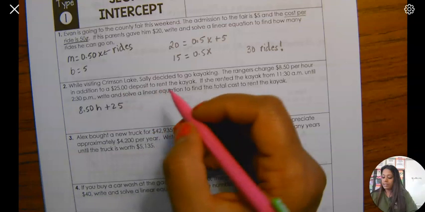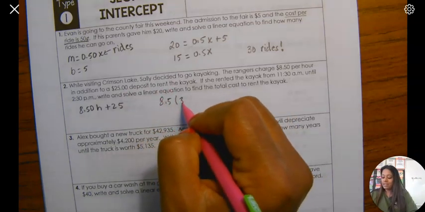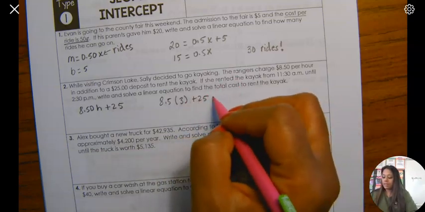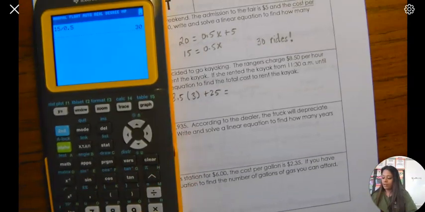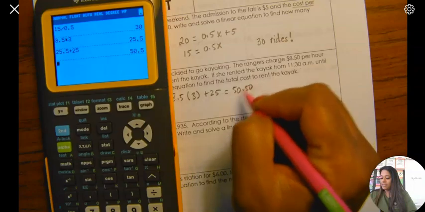So that's 3 hours. So that's $8.50 times 3 hours plus your $25 fee. How much is that going to be? 8.5 times 3, so that's $25.50 plus your $25 fee, so that will be $50.50.